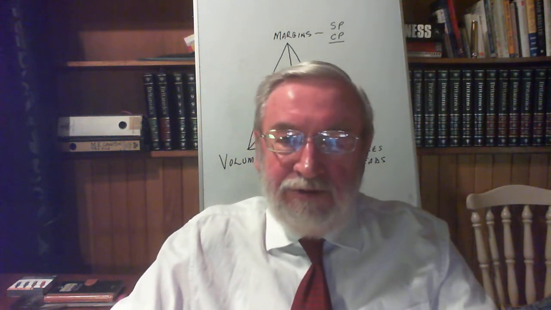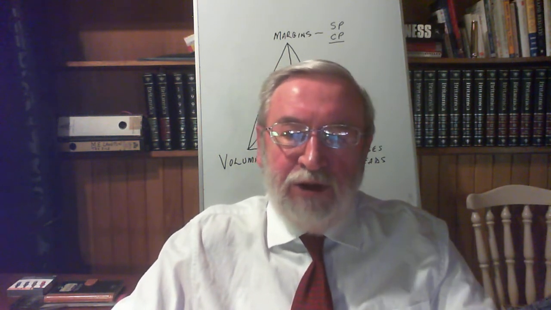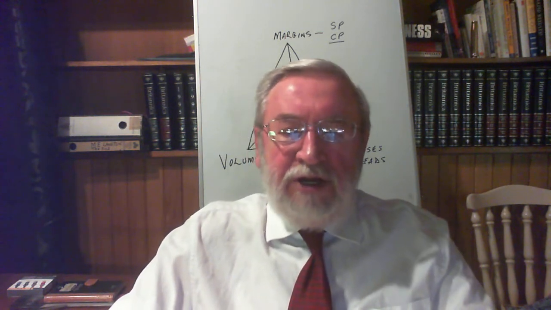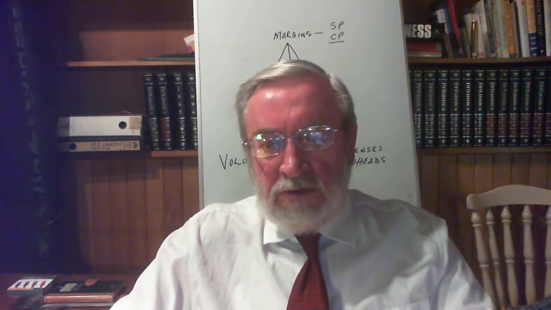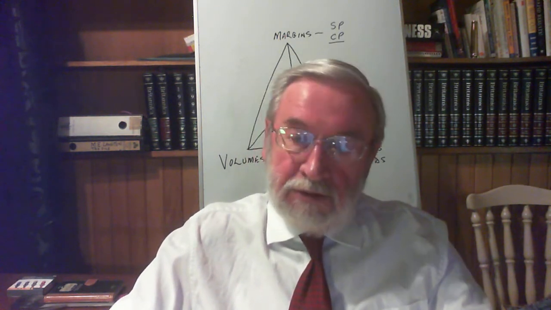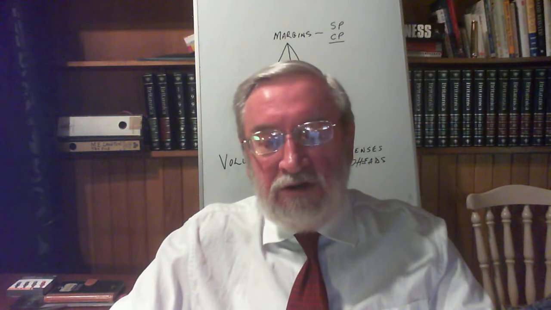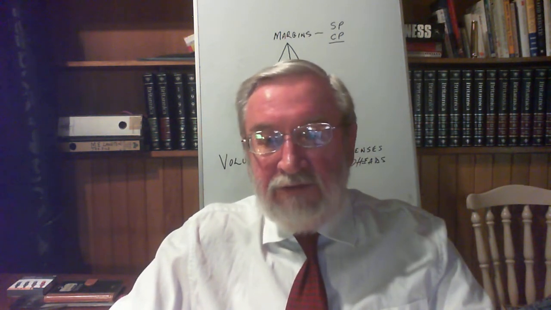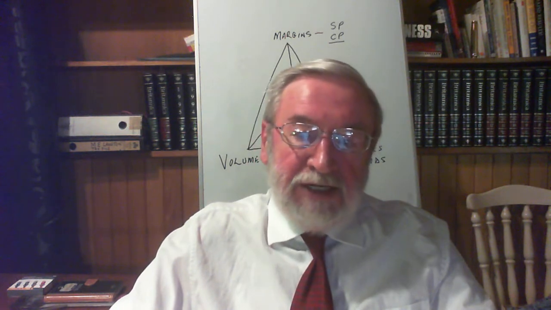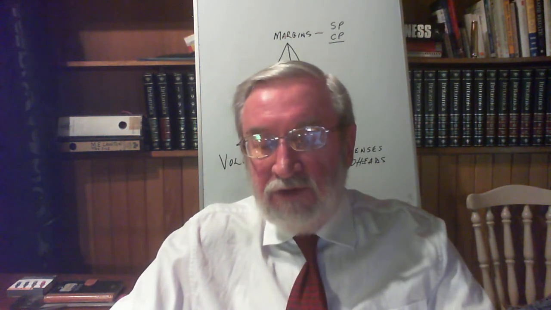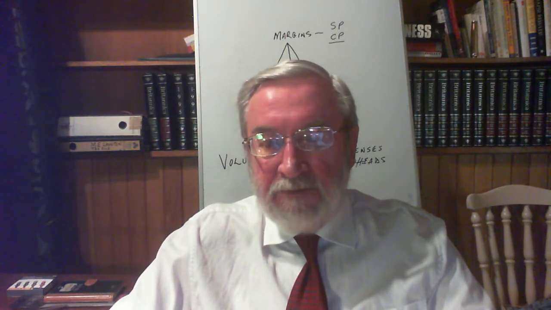Well, we've spoken about prices, we've spoken about reducing costs, but how do we increase volumes? How do we sell more? Well, we may have to spend money on training our salespeople, or we may have to spend money on advertising. But more about that in part 2 of this profit triangle video.